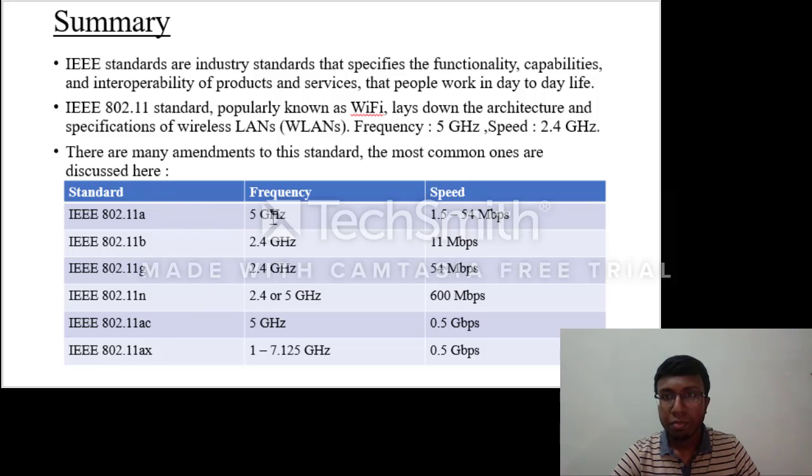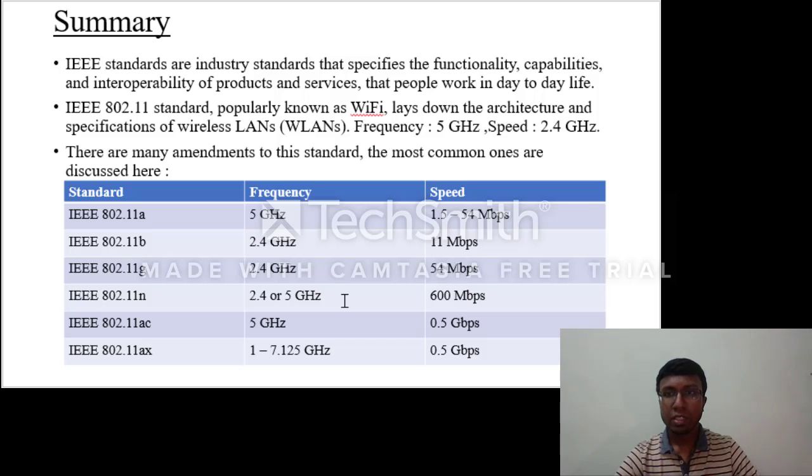A: its frequency is 5 GHz and its speed is 1.5 to 5.4 Mbps. For B, its frequency is 2.4 GHz and speed is 11 Mbps. For G, the frequency is 2.4 GHz and speed is 54 Mbps.